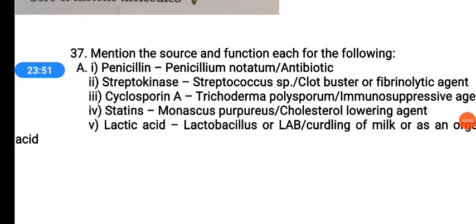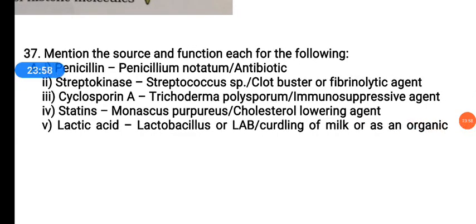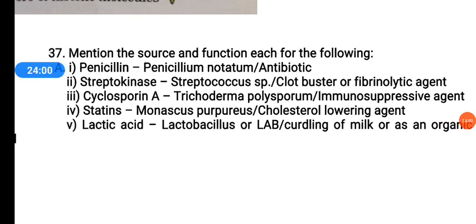Streptokinase is an enzyme extracted from the microbe Streptococcus, used as a clot buster or fibrinolytic agent. Cyclosporin A, from the fungus Trichoderma polysporum, is an immunosuppressant agent. Statins, from Monascus purpureus, are used as cholesterol-lowering agents.